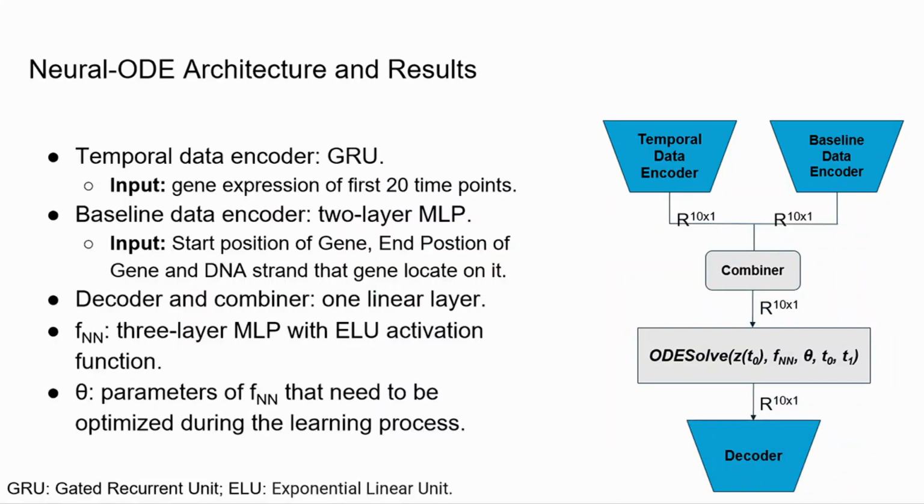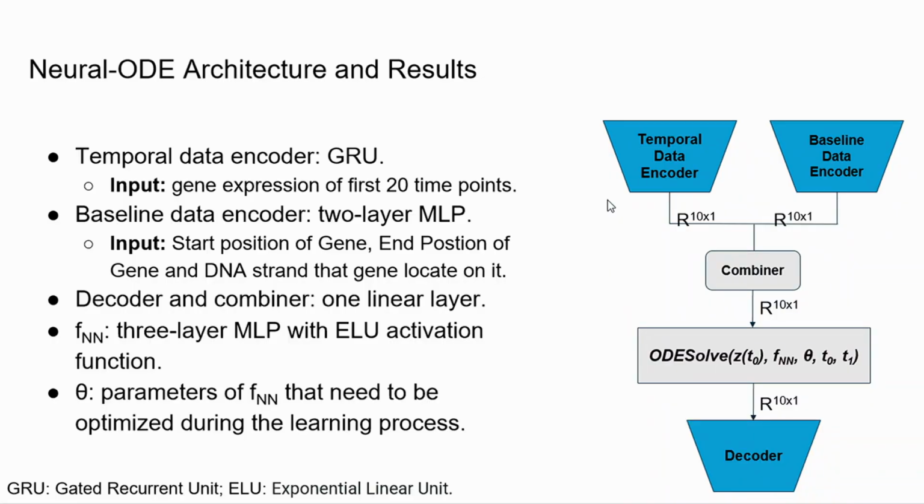So I applied neural ODE to this problem. What we did was use a temporal data encoder like a GRU and give it the first 20 time points of the gene expression pattern. I also have a baseline data encoder that takes the start position of the gene, the end position of the gene, and the DNA strand that the gene is located on.